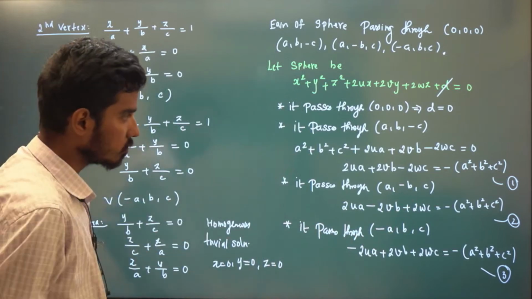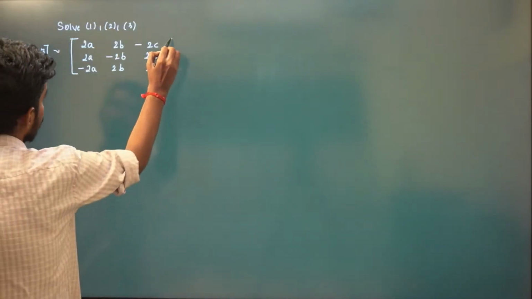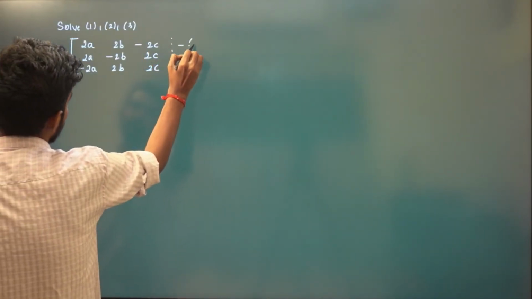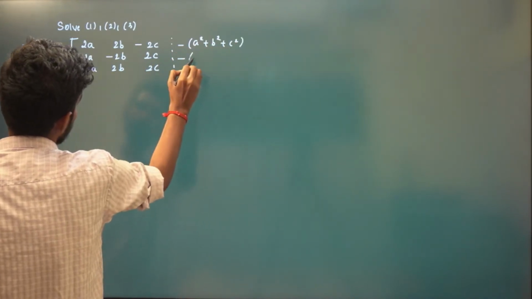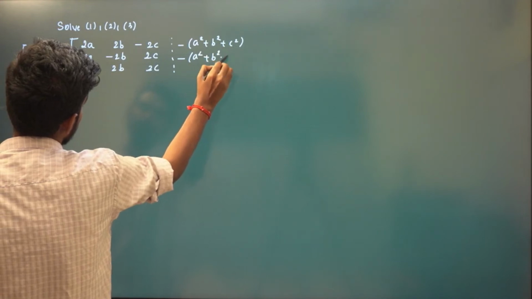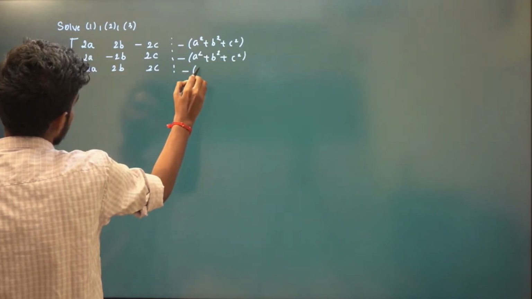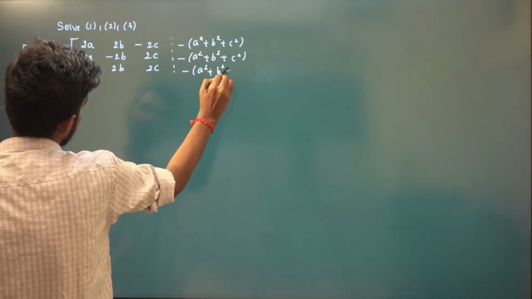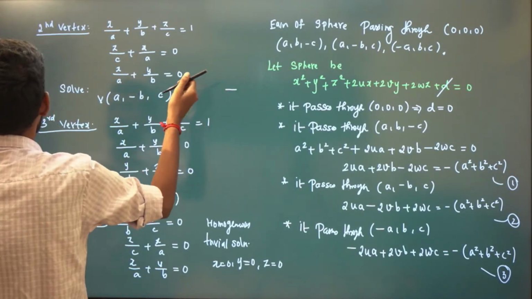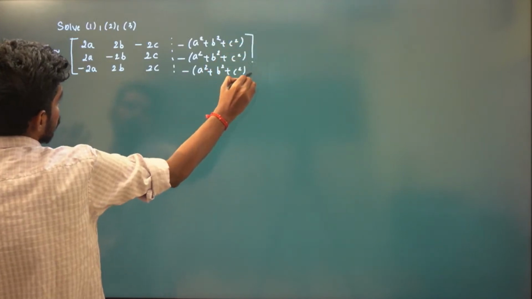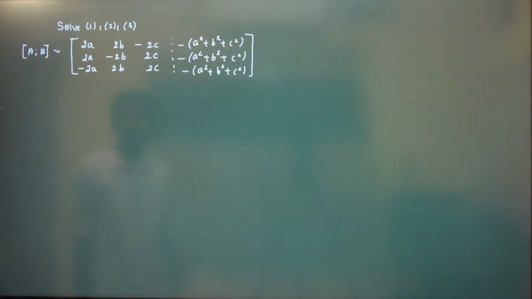And here everything is minus of (a² + b² + c²). Now we need to reduce this to row echelon form.